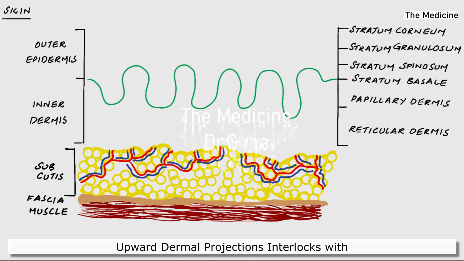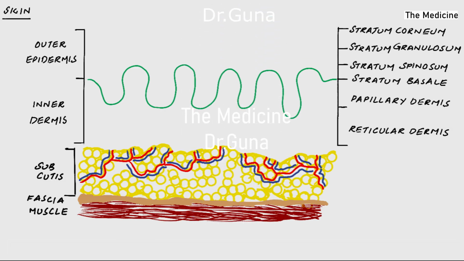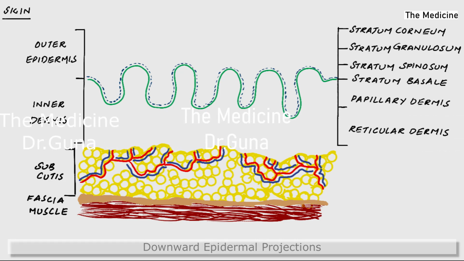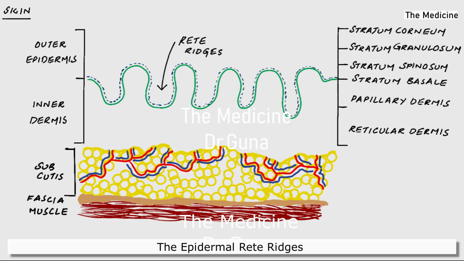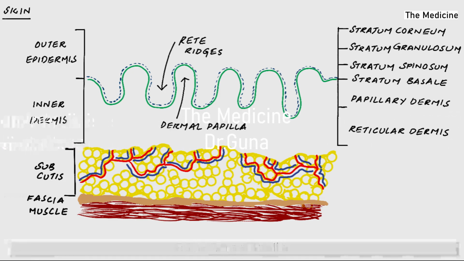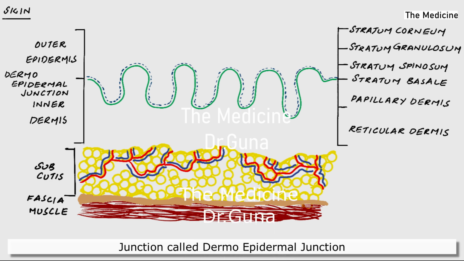The upward dermal projections interlocks with the downward epidermal projections. The epidermal ridges interlocks or interdigitates with dermal papilla, and this junction is called the dermoepidermal junction.